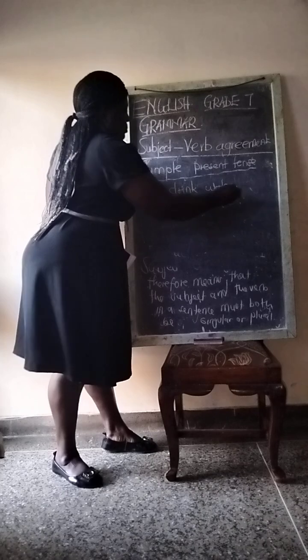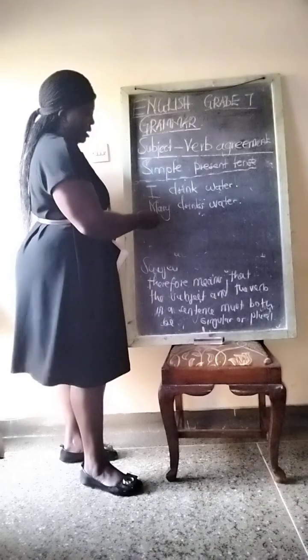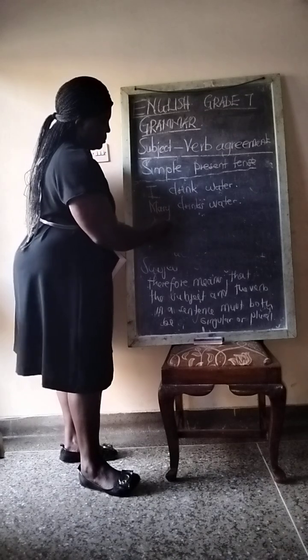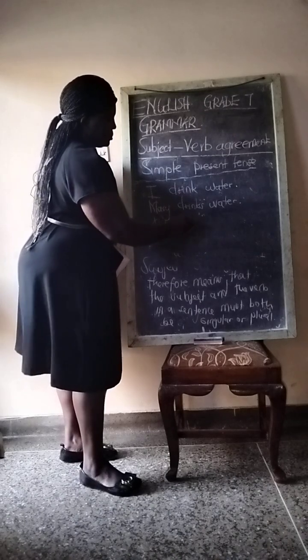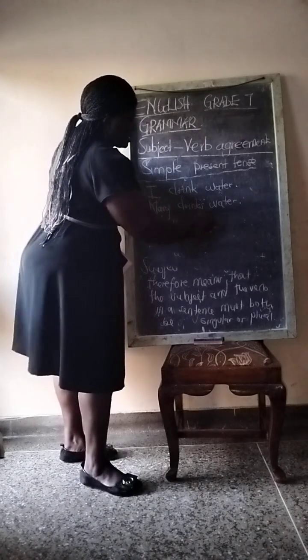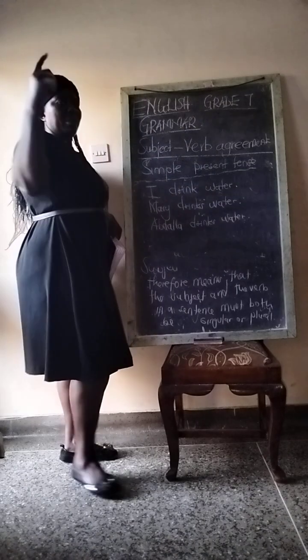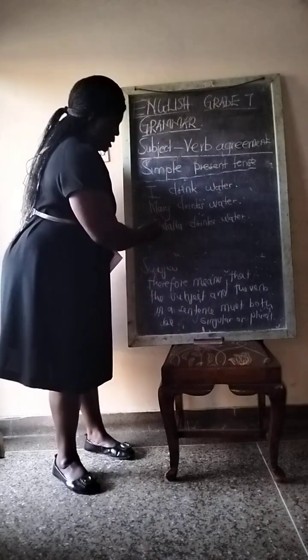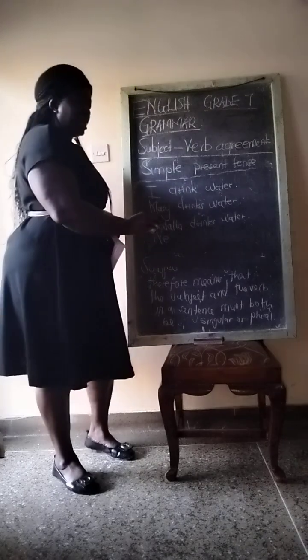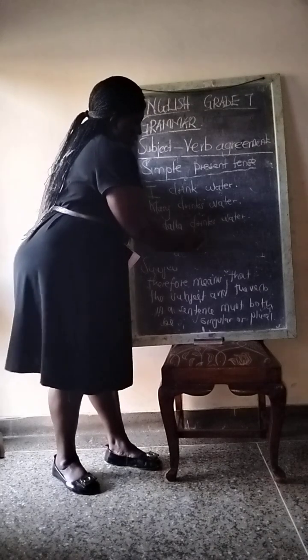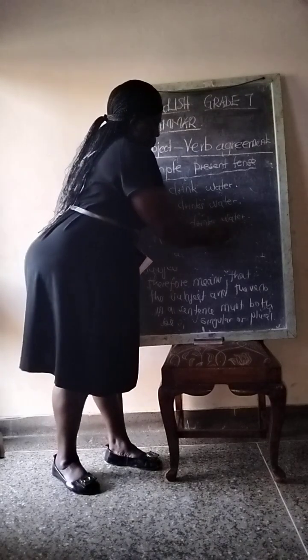How about your other friend, Abdallah drinks water. And then we now talk about all of us. Let's say we. Can you write it ahead of me? We drink water.